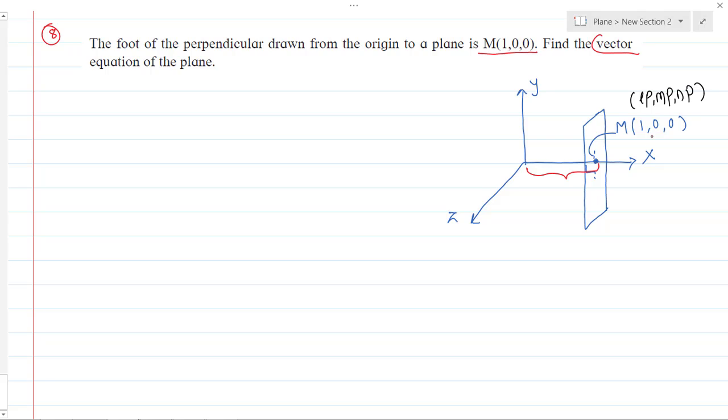How much distance is it? This is on the x-axis, and the x coordinate is 1. So p becomes 1.